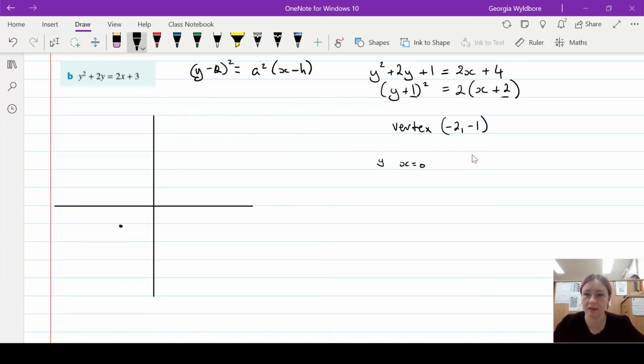When x is 0, we have (y + 1)² = 2 times (0 + 2), so just 4. y plus 1 is going to equal plus or minus 2. So y equals -1 plus or minus 2, which gives us -1 plus 2 would be 1, -1 minus 2, -3.